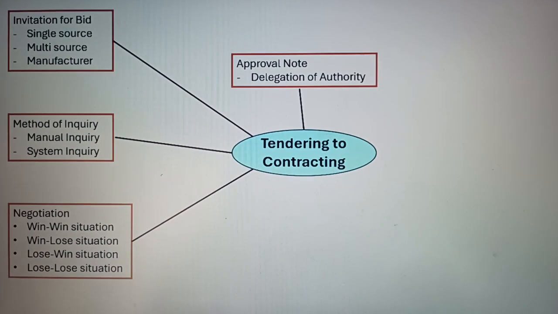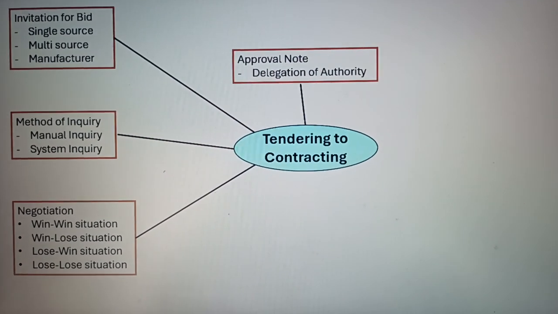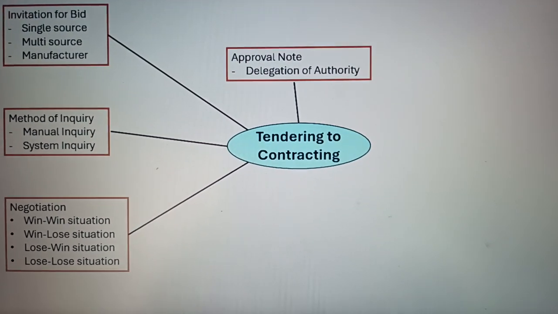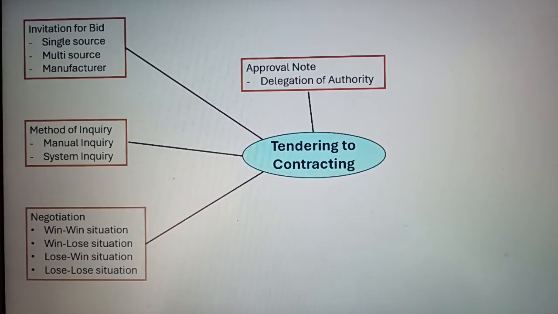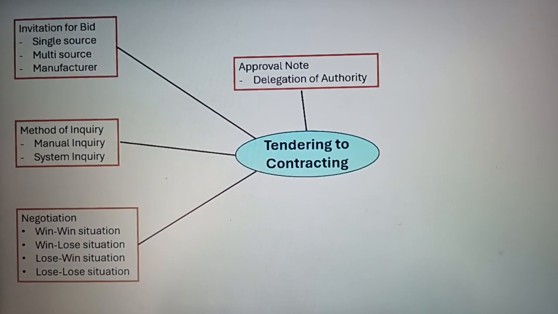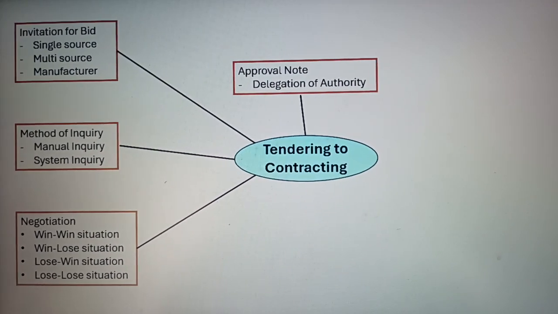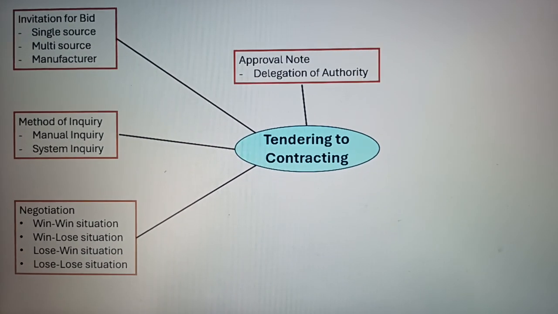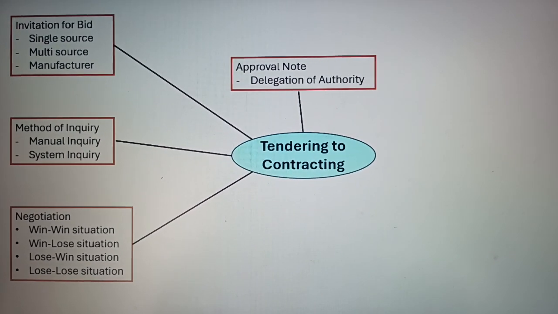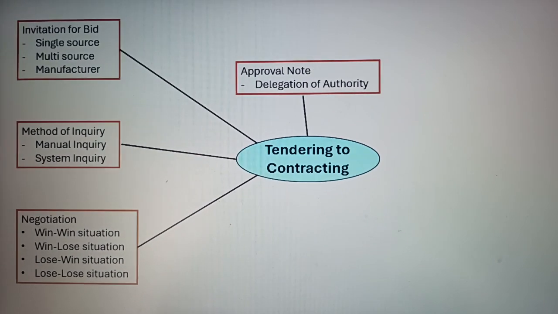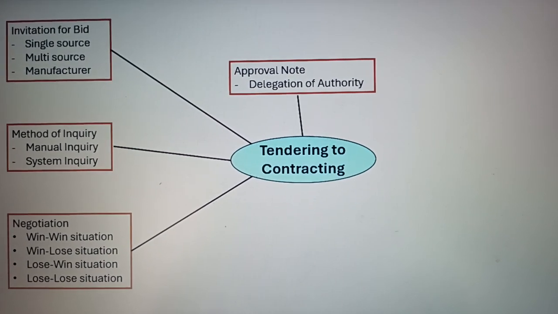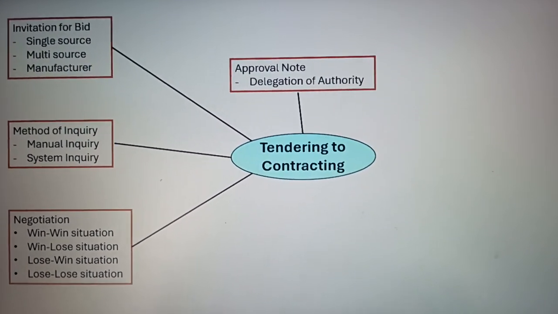The approval note is also of two types. Some organizations prepare a manual approval note first and then move towards the system approval note. Some organizations only have a manual approval note. Manual approval note means on the mail. In the mail they type the approval and get the approval, and then they directly make a PO in the system through direct PR to PO, without doing the complete procedure in the system.